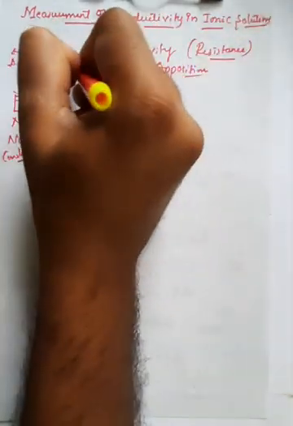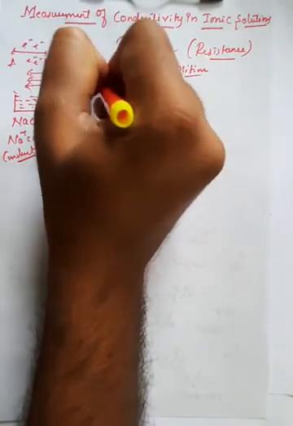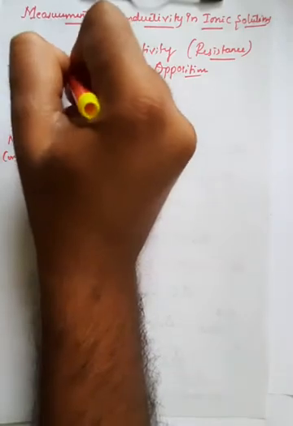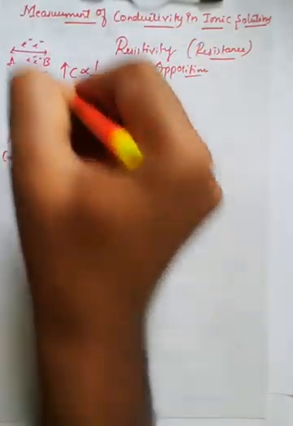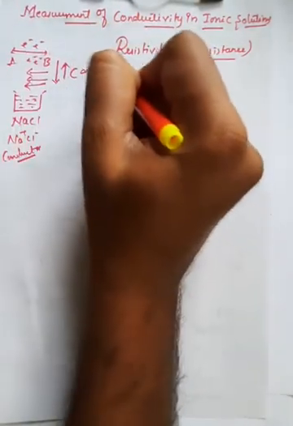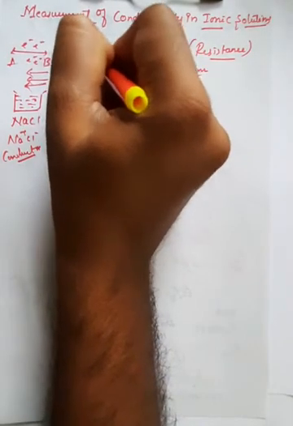The conductance and resistance are inversely proportional. We know that conductance C is proportional to 1 by R. Whenever the conductance is more, the resistance is less, and whenever the conductance is less, the resistance is more. That is, conductance is 1 by resistance, which means whenever the conductivity is more, the resistance will be less, and whenever the conductivity is less, the resistance will be more.